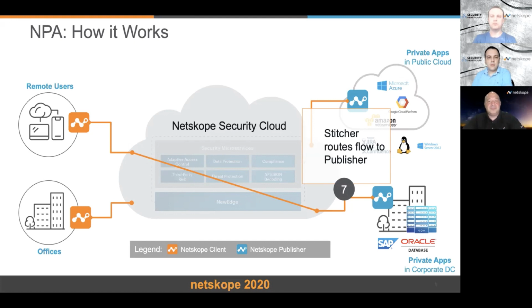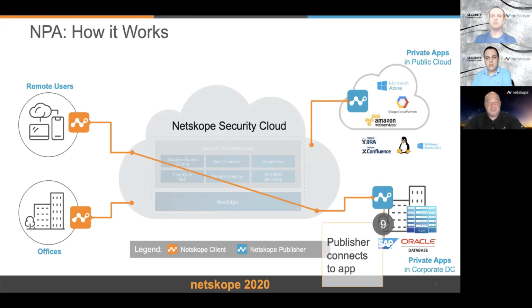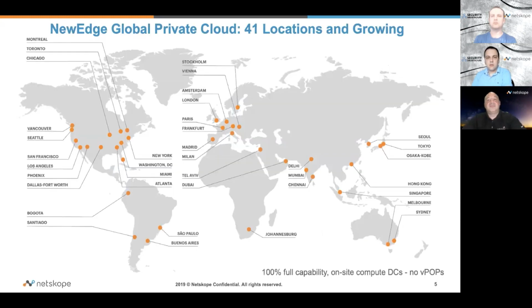And when you mentioned that you have 41 locations around the globe, these locations, they include your own data centers, or it relies on public cloud locations only? We could be here for an hour talking just about our New Edge network, but that's also one of the differentiators that we have. So we made a conscious decision to not rely on the public cloud.